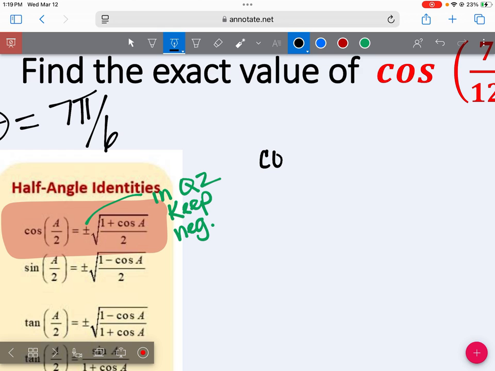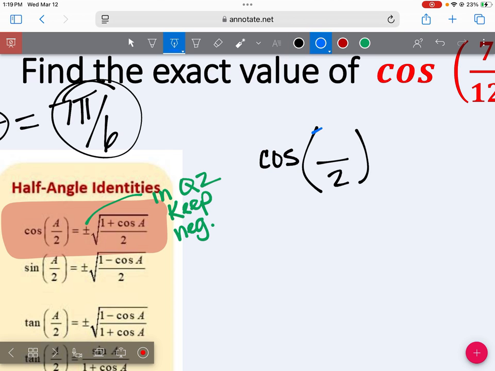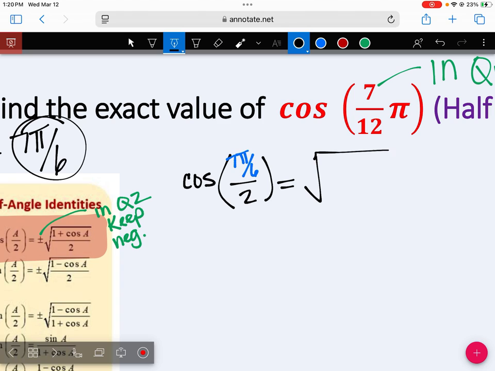So in order to find it, we're going to take the cosine of the angle that we figured out we're using, 7 pi over 6. And that equals, we're going to put a minus in the front, and it would be 1 plus the cosine of 7 pi over 6, and that's all divided by 2.